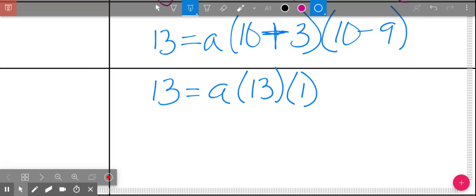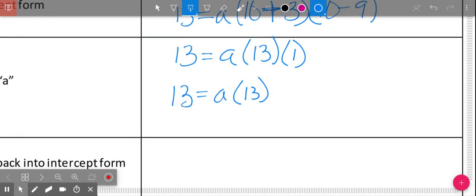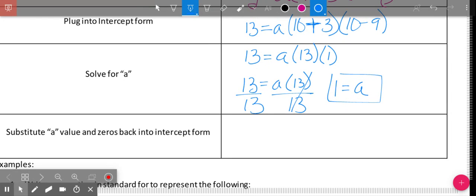Now I'm going to multiply. 13 times 1 will give me 13. And then my very last step, the a and the 13 are being multiplied, so I'm going to divide out the 13. Those will cancel. 13 divided by 13 will give me 1 is equal to a. So my a value for this function is just a 1, which is great.